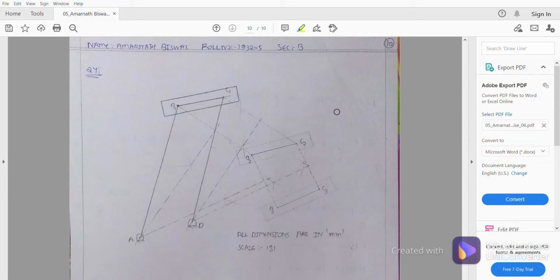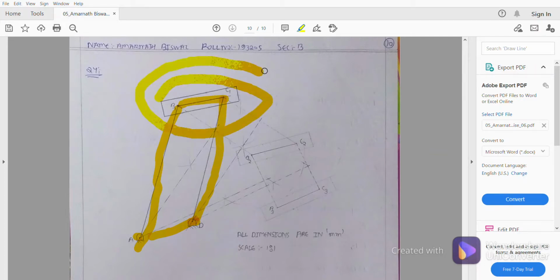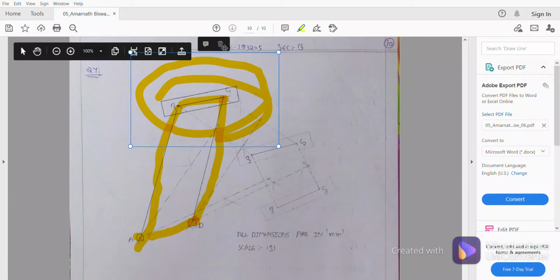Rigid body means the required output: the duster, the car wipers, or the oscillating fan movement. We will take this as a coupler. I told you, in the 4-bar mechanism, these two are the fixed link, this is the input crank, this is the output crank, and this is the coupler. So the 2 points we initially take will act as a coupler.